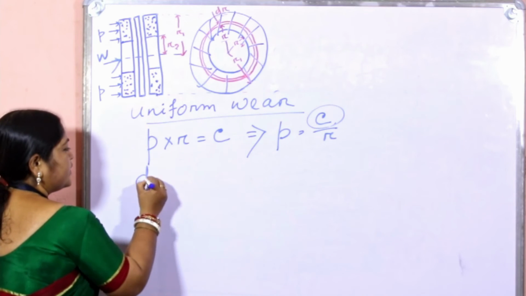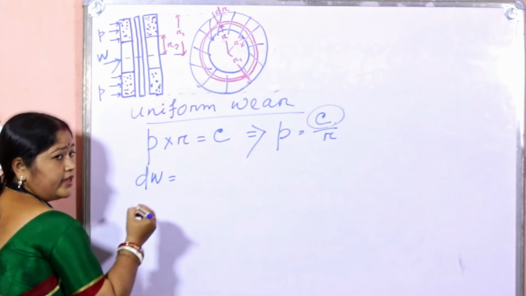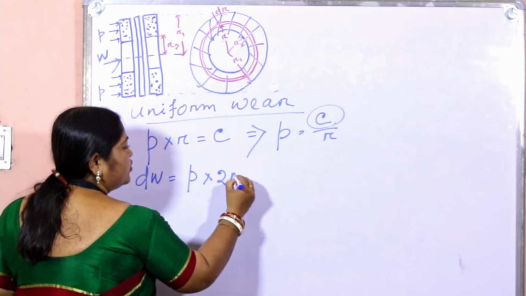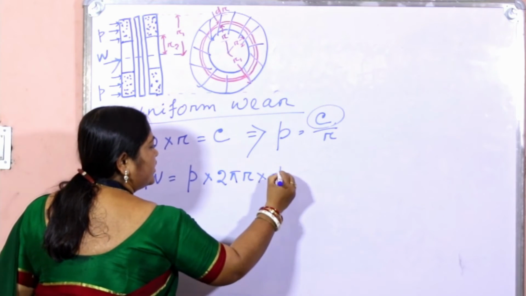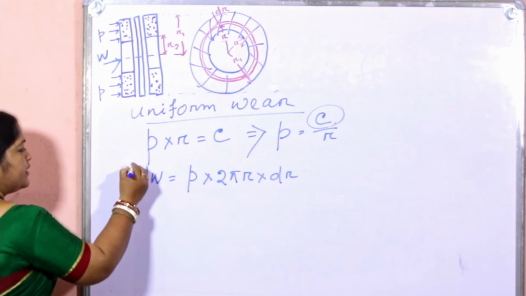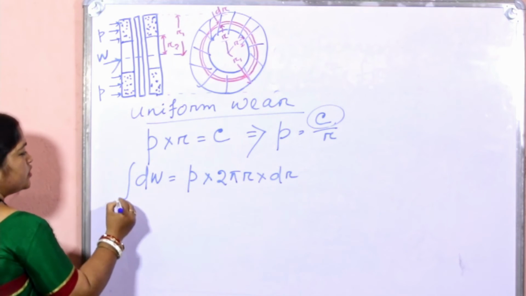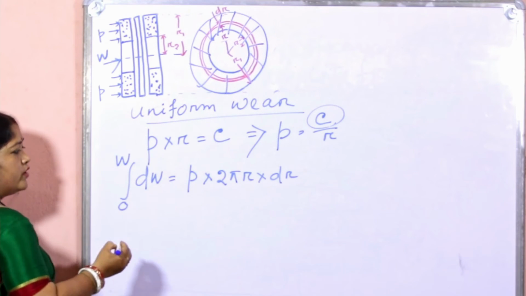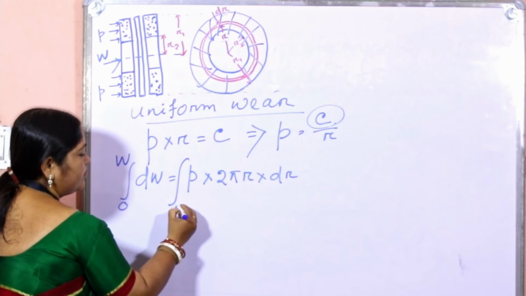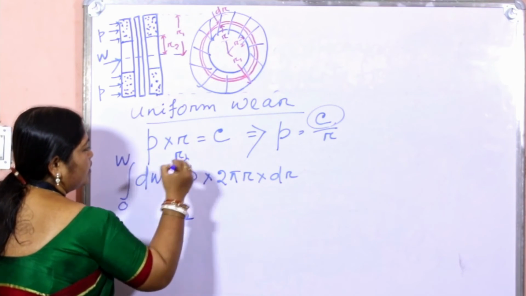As I told you, the equation of dW is equal to pressure P into area 2 pi R into dr. Then I have to integrate this equation: integration of dW from 0 to W, then integration of P 2 pi R dr from R2 to R1.